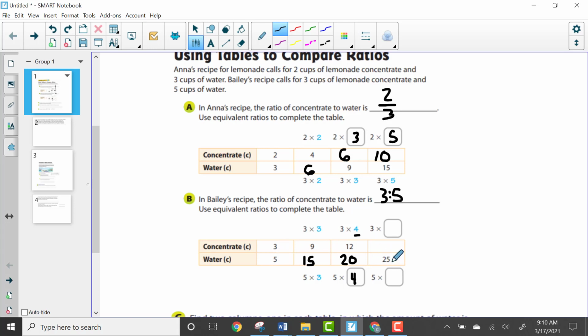Go all the way up to 25 cups. 5 times 5 gives us 25. Therefore, we have to multiply 3 by 5, and that's going to give us 15. So what do we do to 3? Multiply it by 5. We multiplied the 5 by 5 as well. Remember, in order to get an equivalent ratio, you have to multiply both terms or divide both terms by the same number.